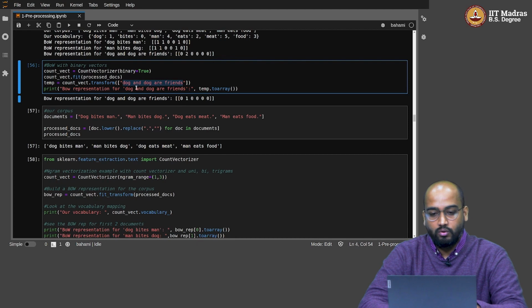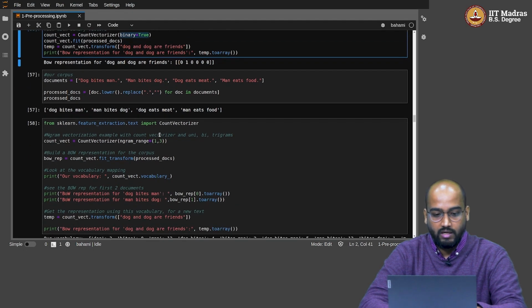But you can also go the other way around, where instead of keeping binary values, you keep the count of how many times that particular token occurred, right? So that could be controlled by this argument. For CountVectorizer, if you give this argument true, it will keep the binary values. If not, it will keep the counts, the number of times it had occurred.